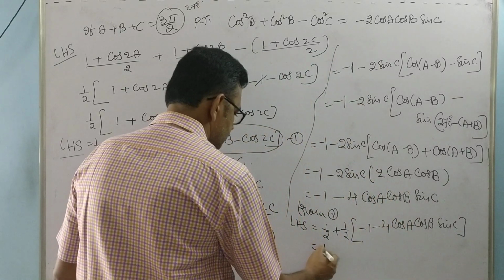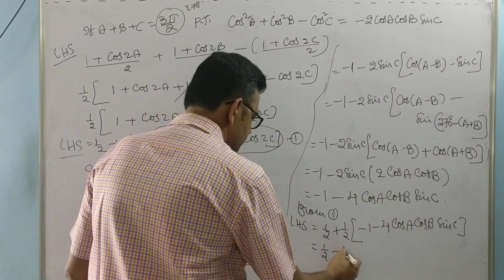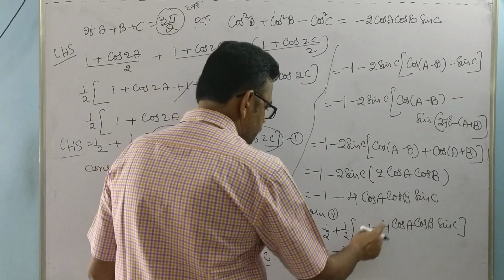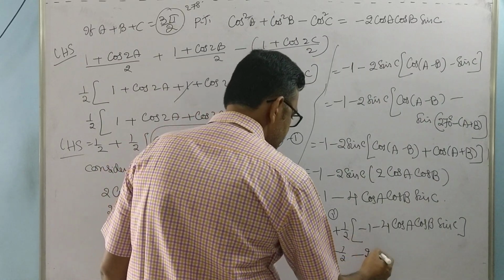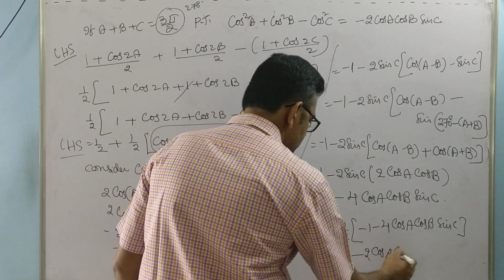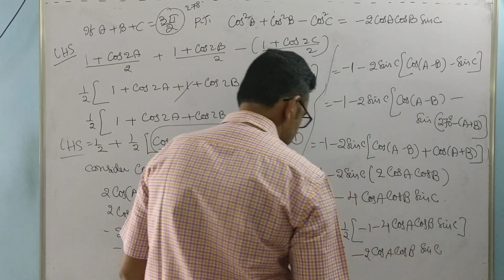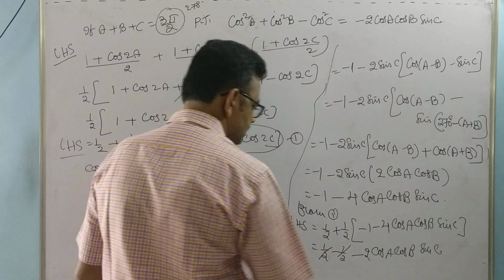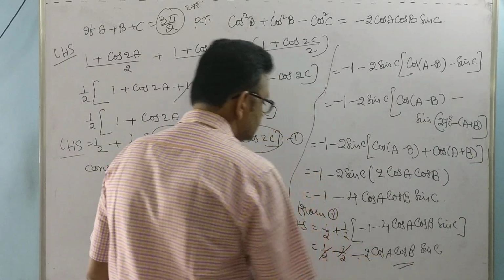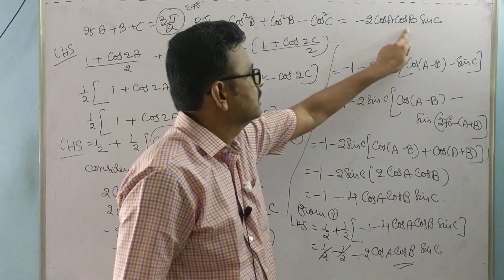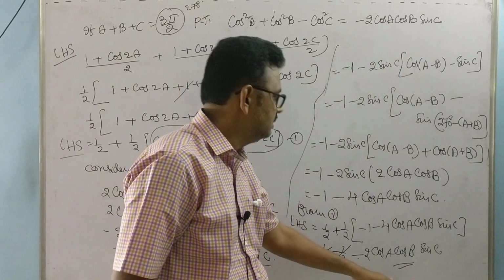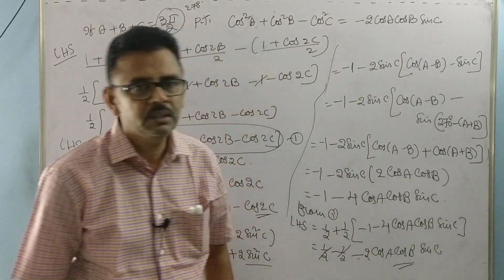That is 1 by 2 minus 1 by 2 minus 4 by 2, which is 2 cos A cos B sin C. So the 1 by 2 gets cancelled. That is equal to minus 2 cos A cos B sin C. So this is the result. Okay, thank you.